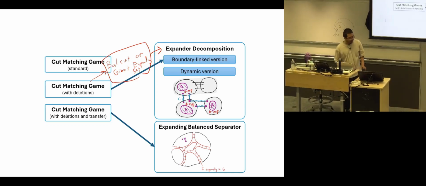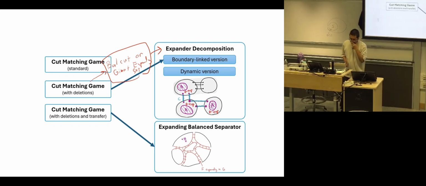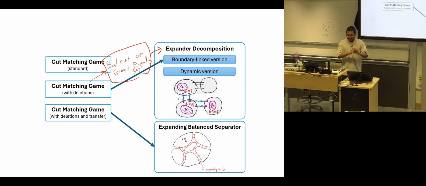Then there is the cut matching game, the standard version, without deletion and without transfer. Do you recall what we used it for? We showed one application of this in class.